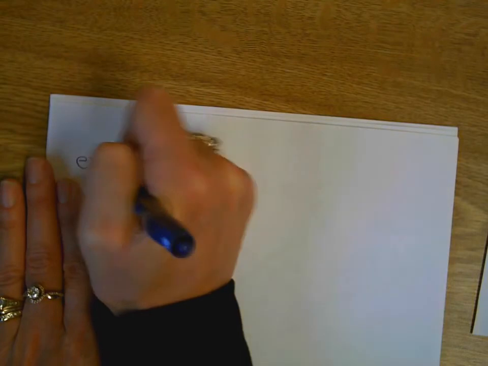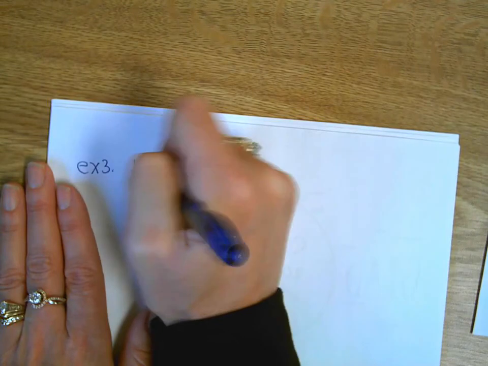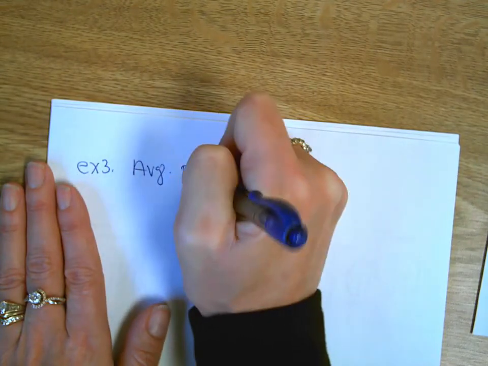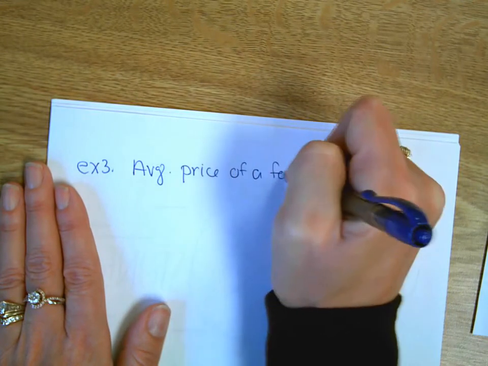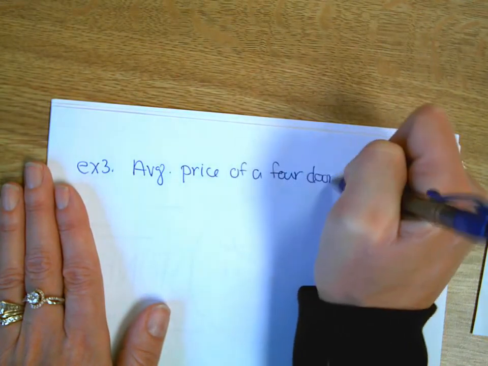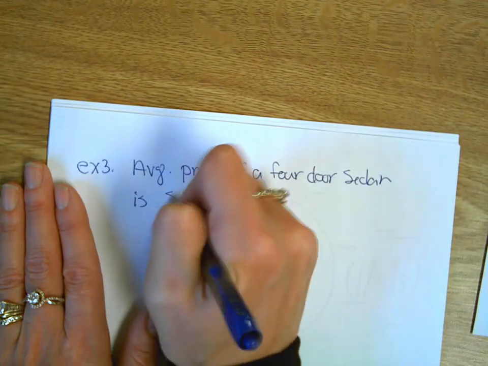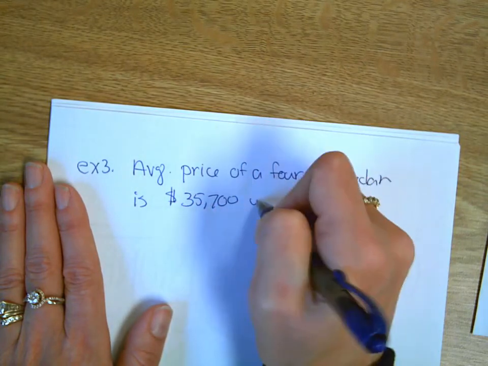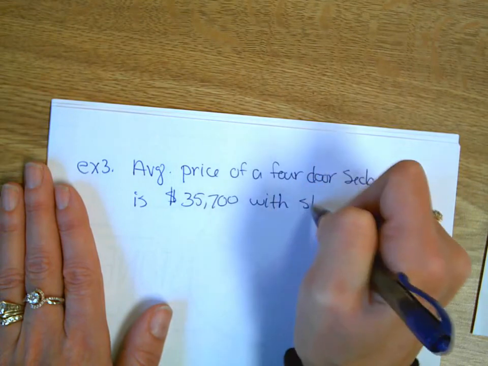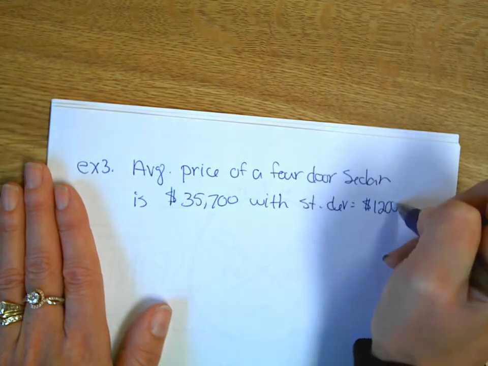Number 3. The average price of a 4-door sedan. I must have looked this up more recently. $35,700, with standard deviation 1,200.